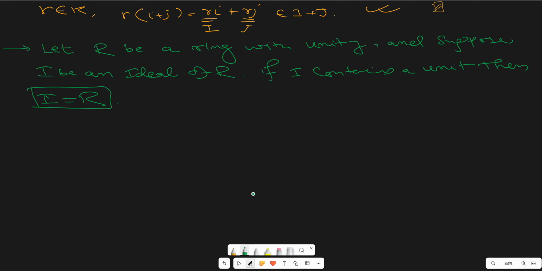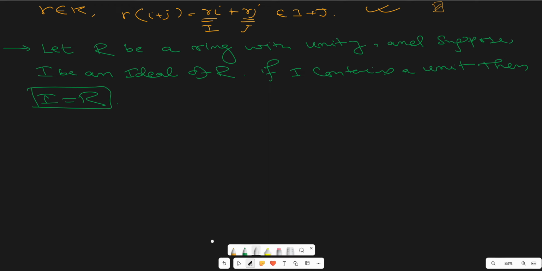Suppose you have a ring R with unity, and you have an ideal I of this ring R. Suppose I contains a unit, then I equals the entire R. That means I will be the entire ring R. There is no other choice.